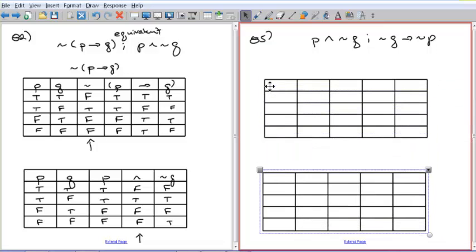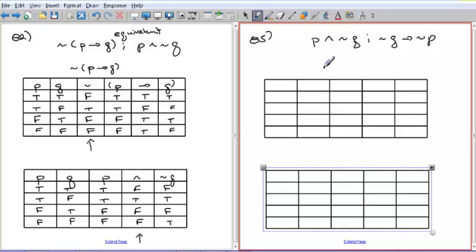So we'll do the left-hand one first. P and not Q. Okay. So P, Q, P and not Q. True, true, false, false, true, false, true, false.